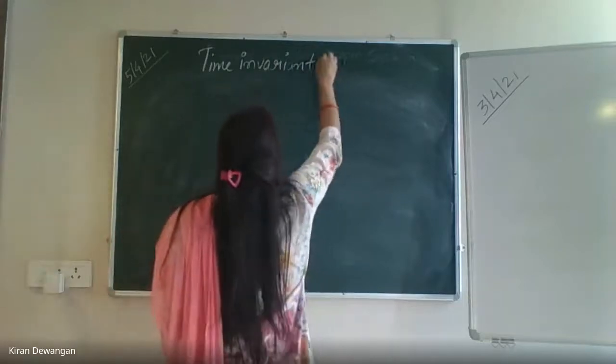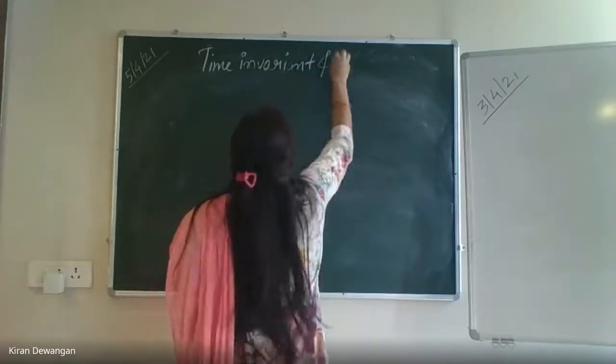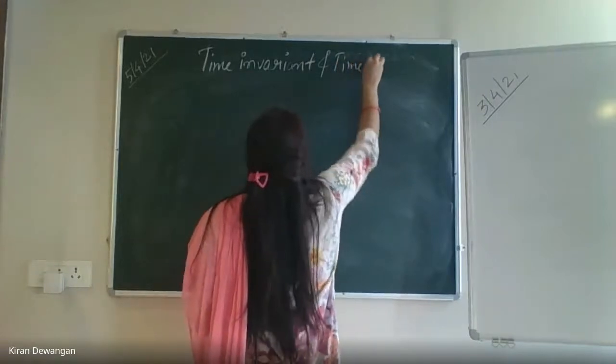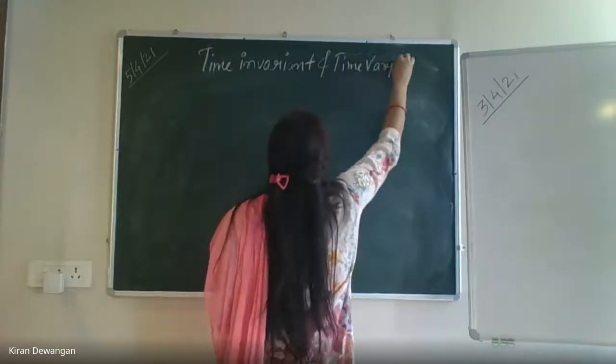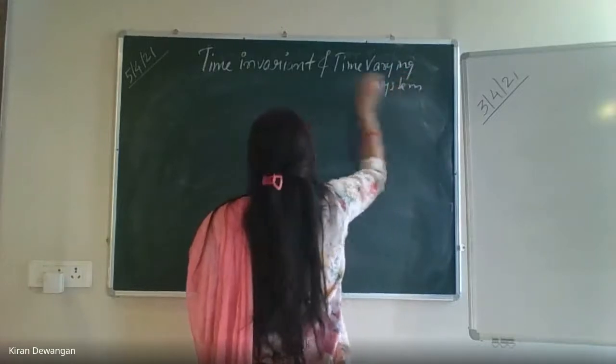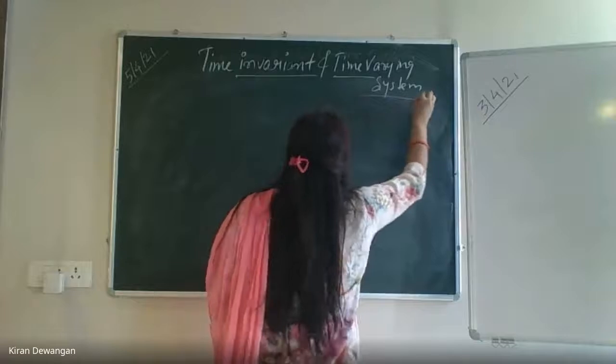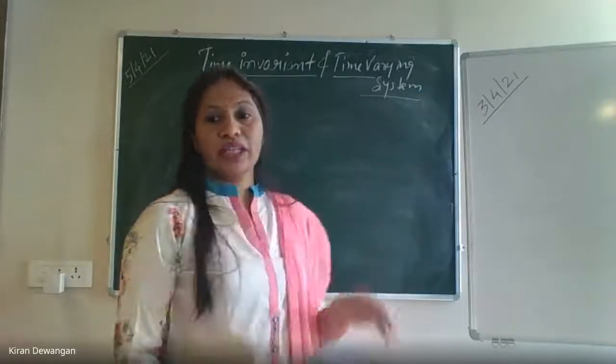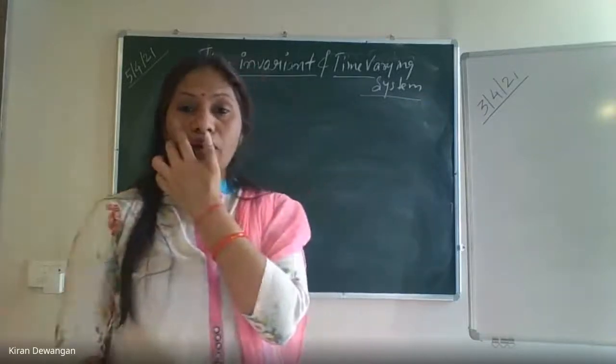Time variant, invariant or time varying. How can we check whether the system is a time invariant or time varying?